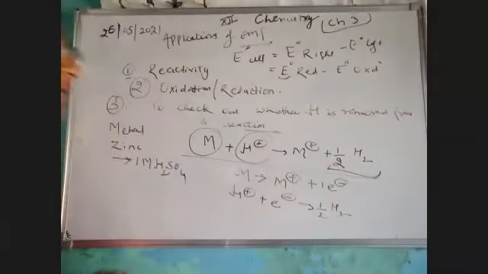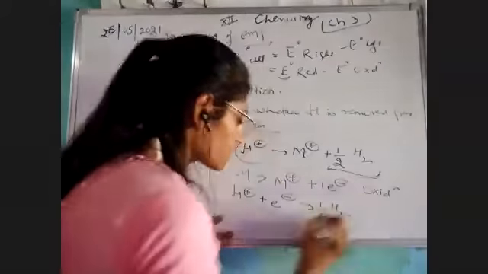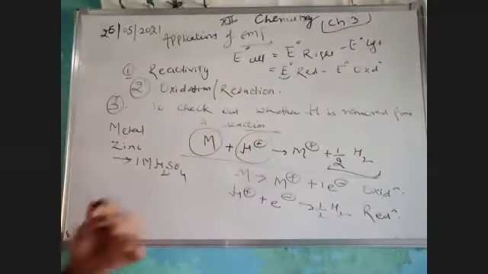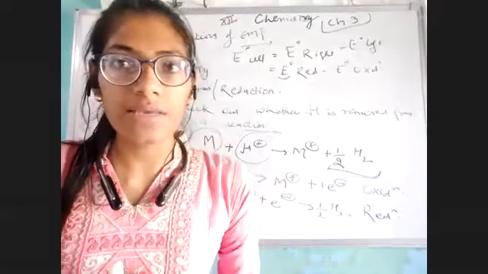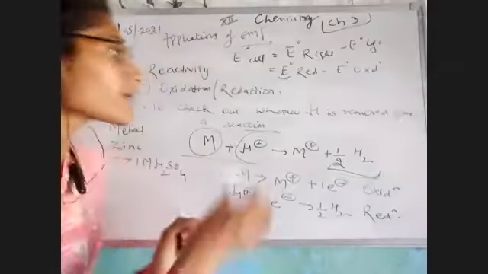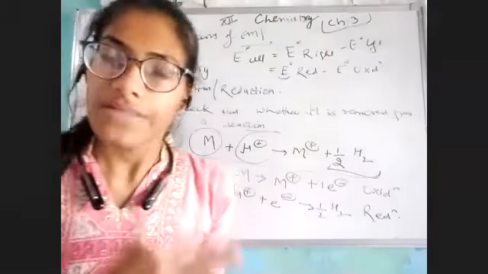So it is clear from here that the metal is at oxidation and hydrogen is at reduction. So in short, if oxidation is taking place at my metal, then in this reaction we can say it would release hydrogen gas, otherwise it would not.